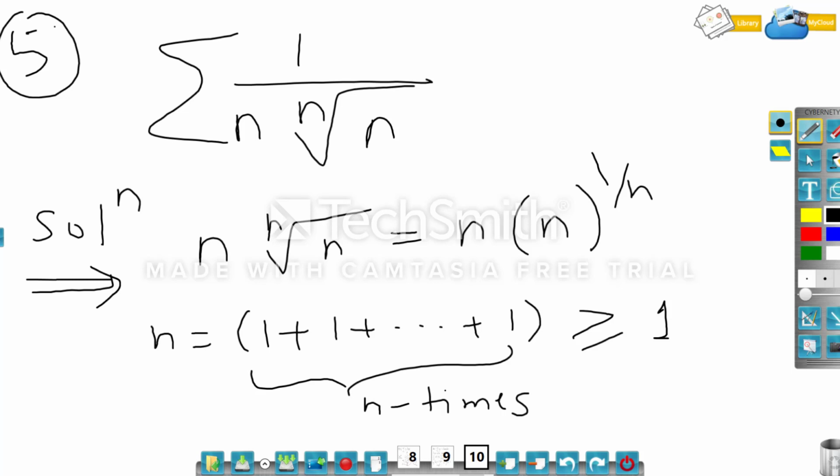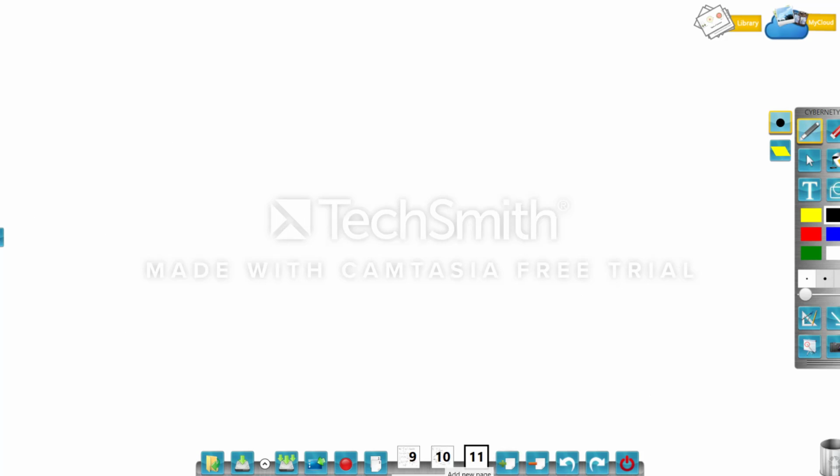So if I take power 1 by n on both sides, here it will be 1 by n, and here also it is 1 by n. But 1 to the power 1 by n is again 1 only. So what I got, n to the power 1 by n is greater than or equal to 1.